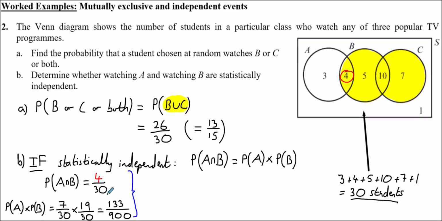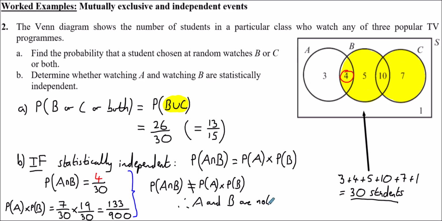If it was, they'd simplify to the same thing, and they clearly don't. So the probability of A and B does not equal P(A) times P(B). So for that reason, A and B are not independent.